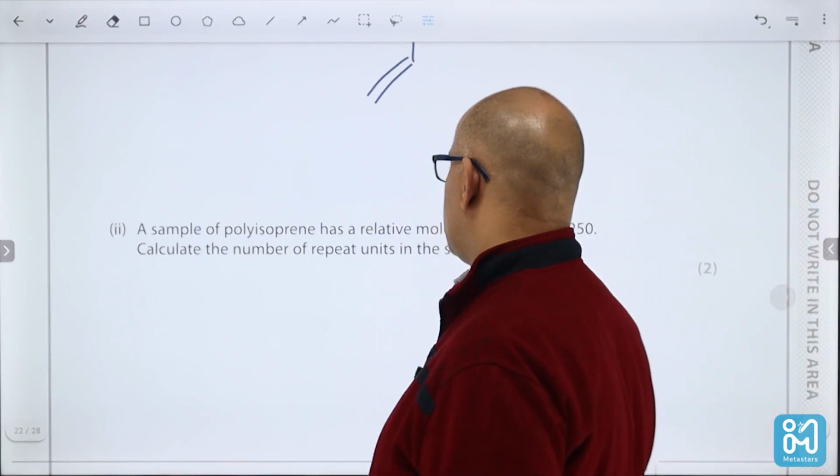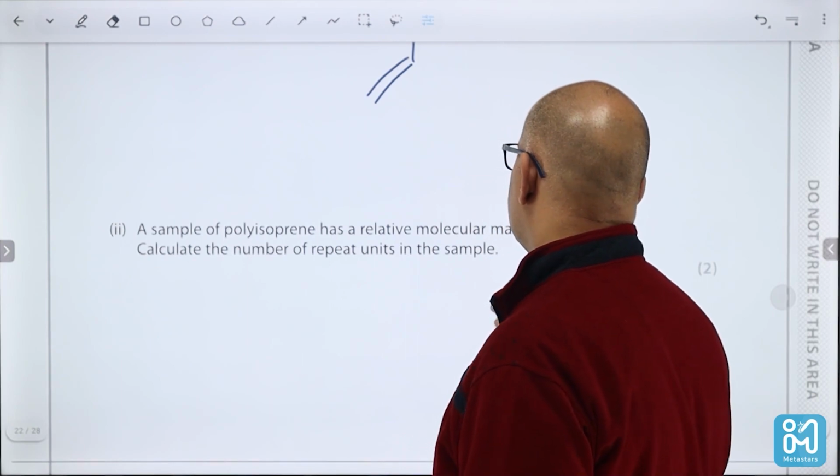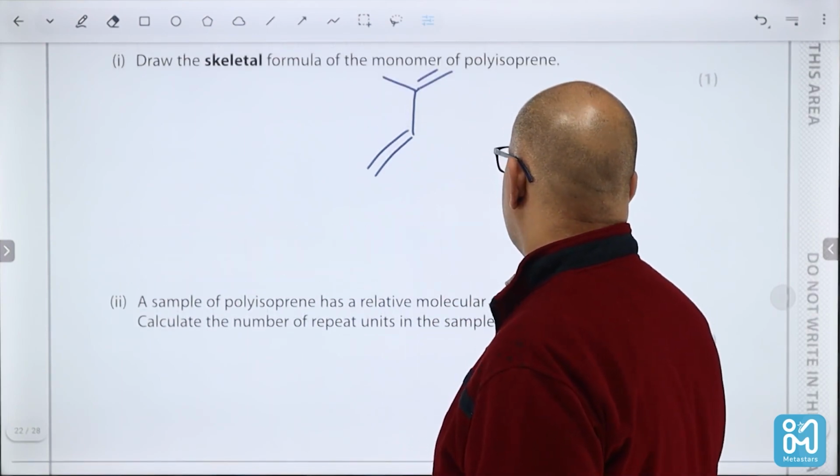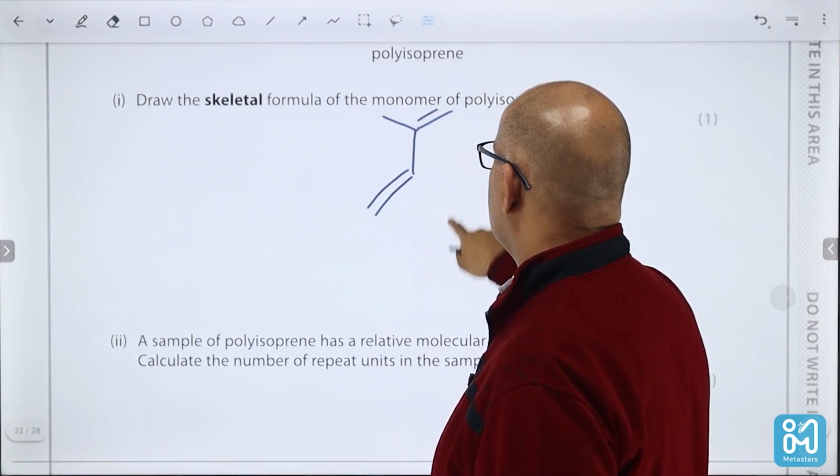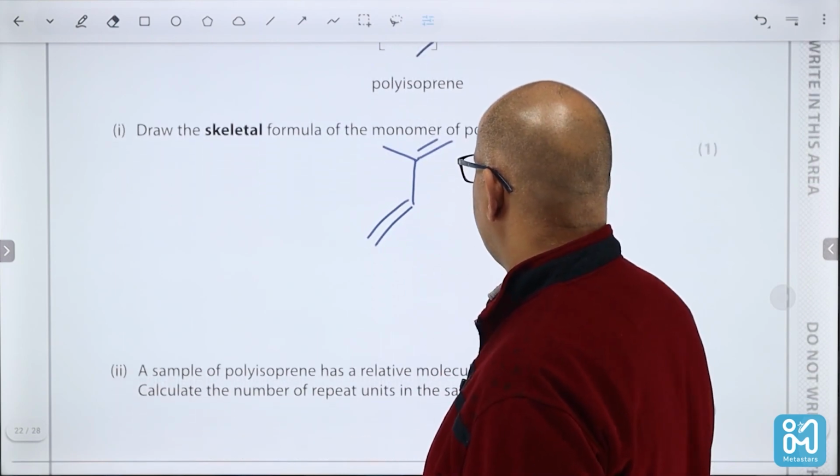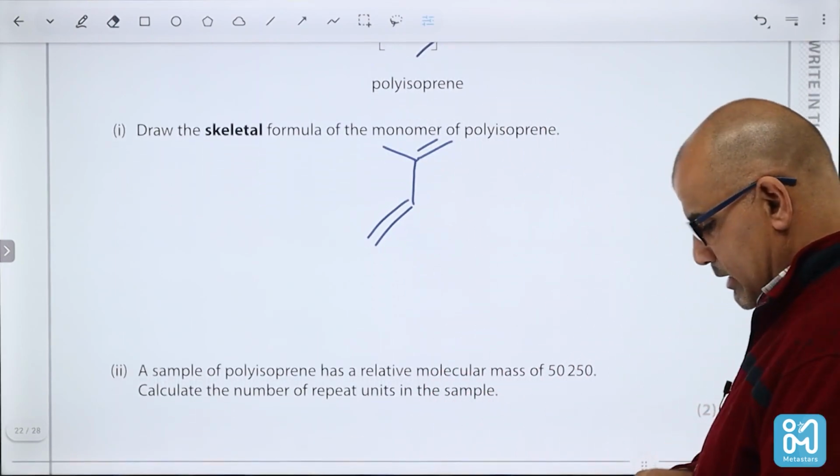And the sample of polyisoprene has a relative molecular mass of 50,250. Calculate the number of repeated units in the sample. First, you can find this is the repeated unit, and you can calculate its mass.